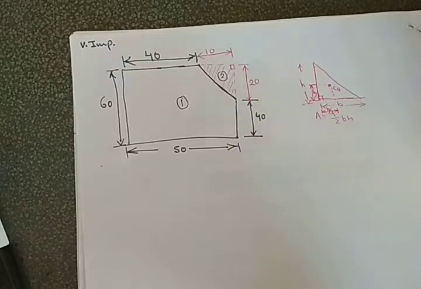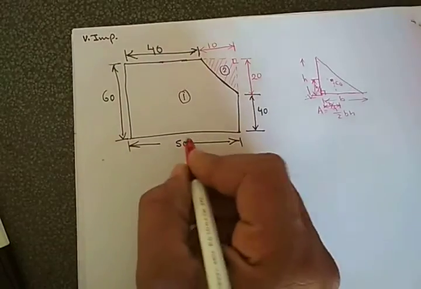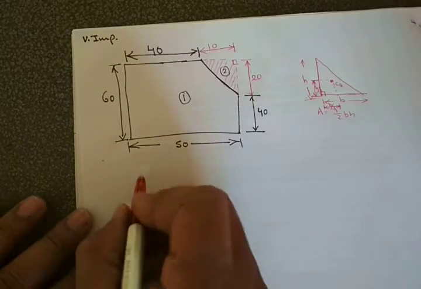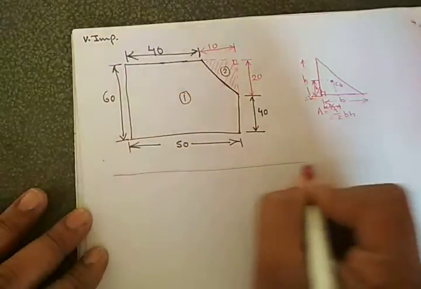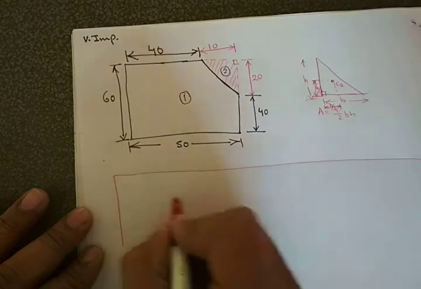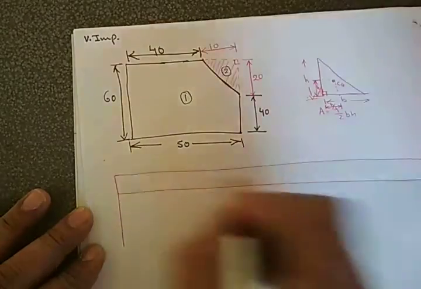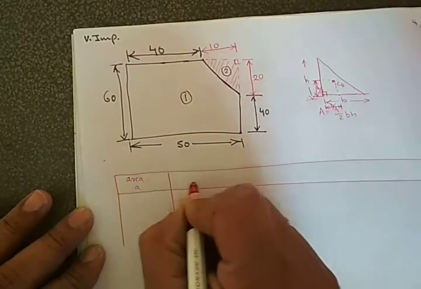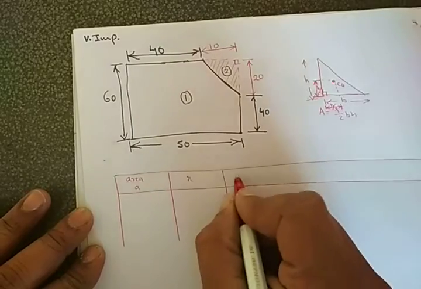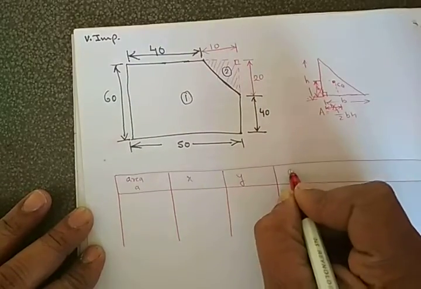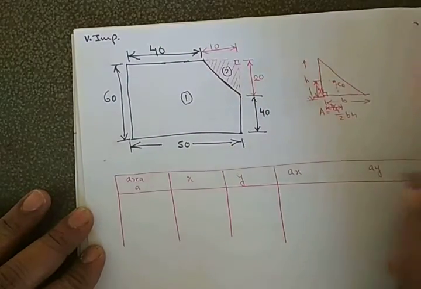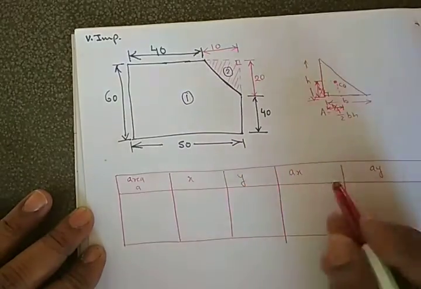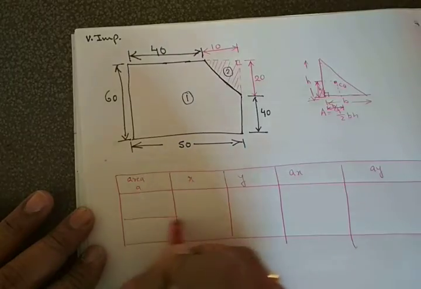Now first we'll draw the table. This is area A, this is X, this is Y, this is AX, AY. If you don't find AX, AY, then also it's okay.